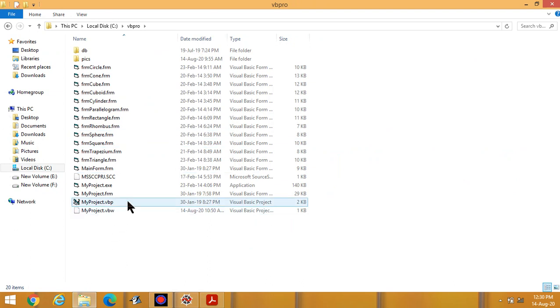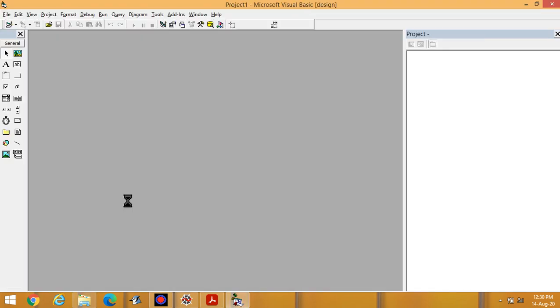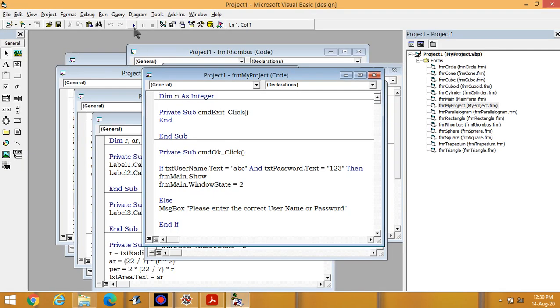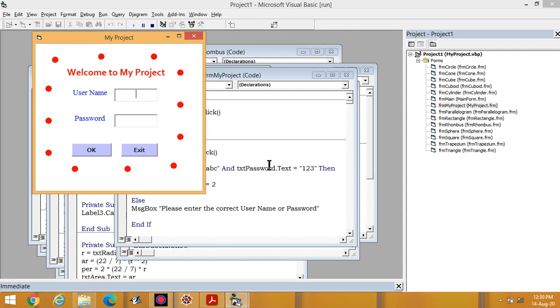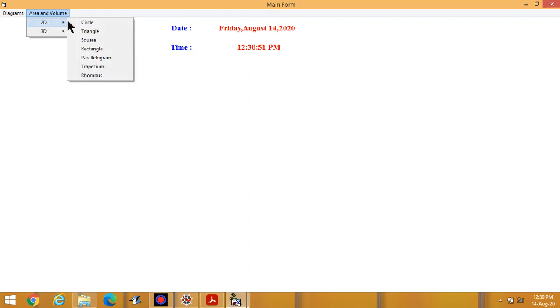One application is there designed by me in Visual Basic. Let's execute that. Username and password. This application is there. There are different 2D diagrams.